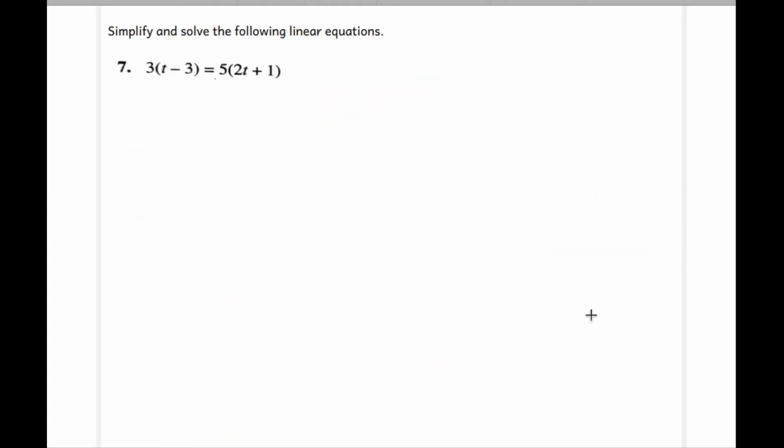Okay. Now question number 7. Simplify and solve the following linear equation. First we have to simplify, that means whatever is there in the bracket we have to remove that and then we have to solve it. Okay. Question number 7. 3 multiplied by (t minus 3) equals to 5 multiplied by (2t plus 1).